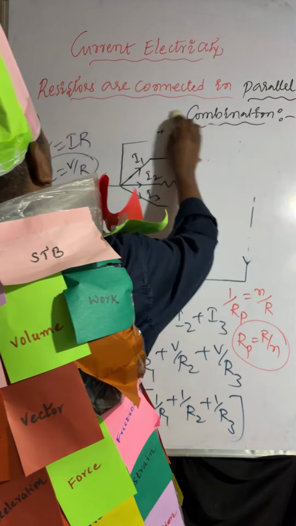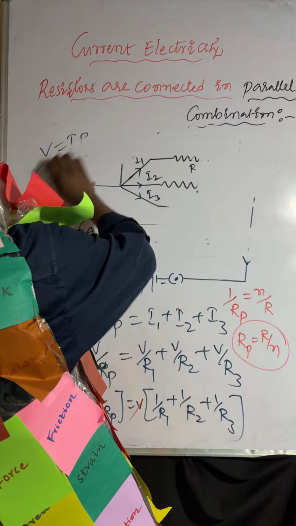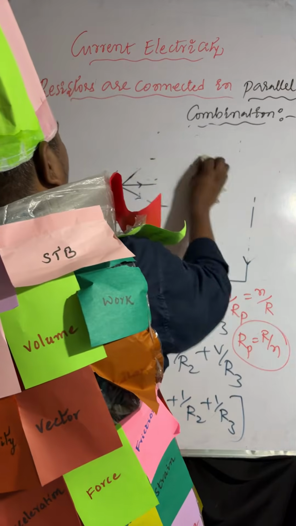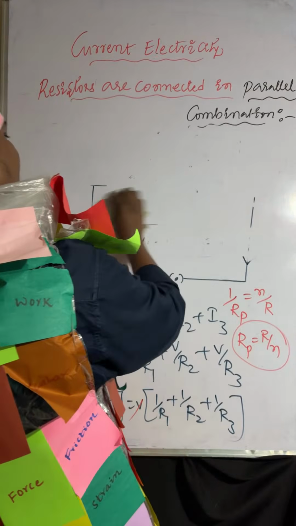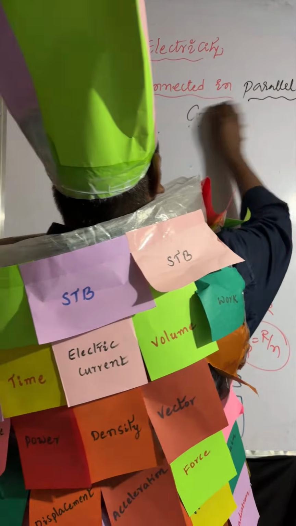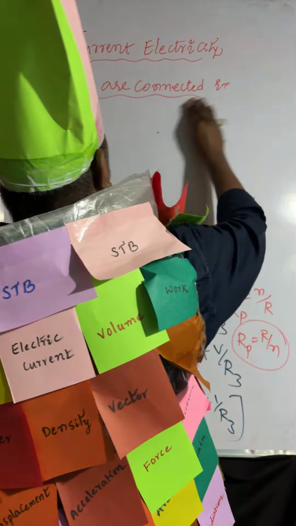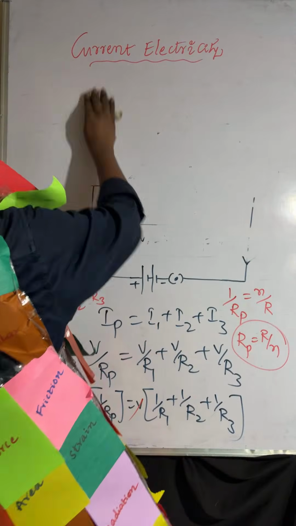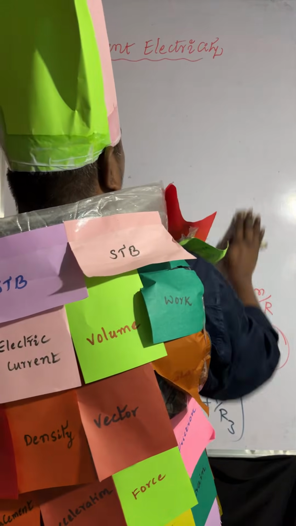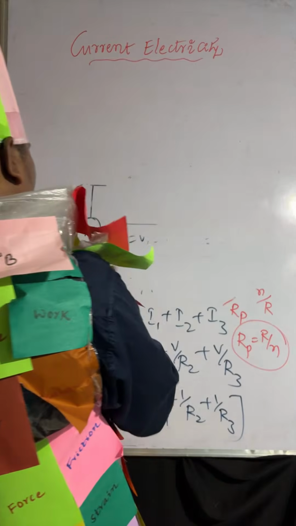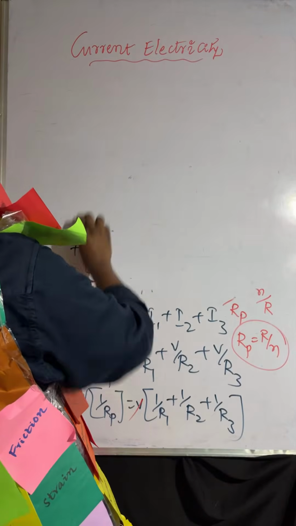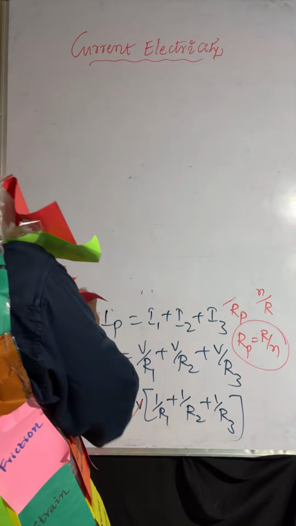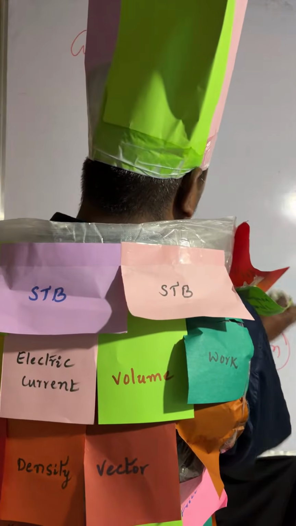Sometimes we can't identify whether it is in series or in parallel, and to solve that, we use Kirchhoff laws. In that there are two laws. We'll discuss those two. Very important.